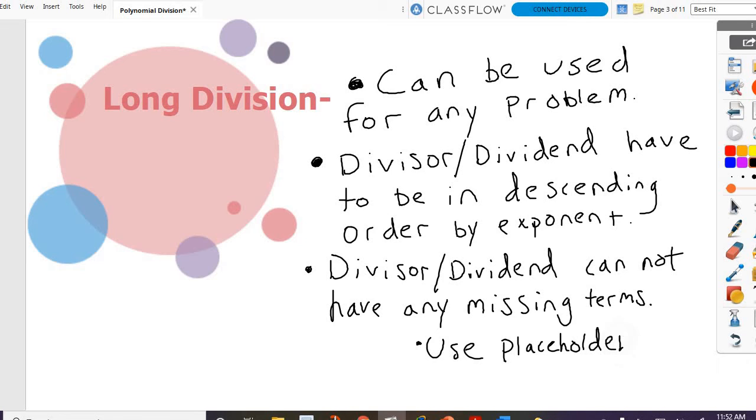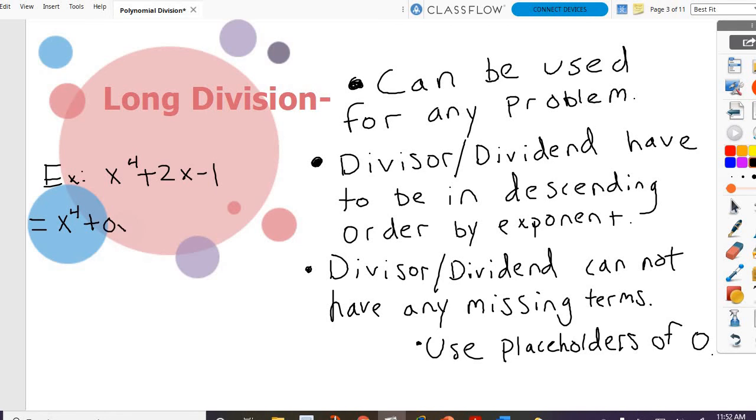If they do, we need to use a placeholder of 0. So like an example of that would be, if I had x to the 4th plus 2x minus 1, am I missing terms? Yeah, what are we missing?